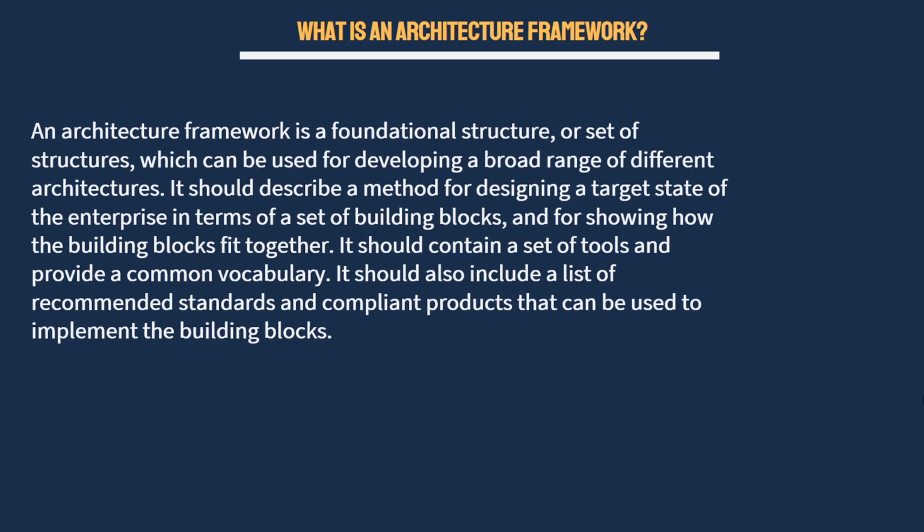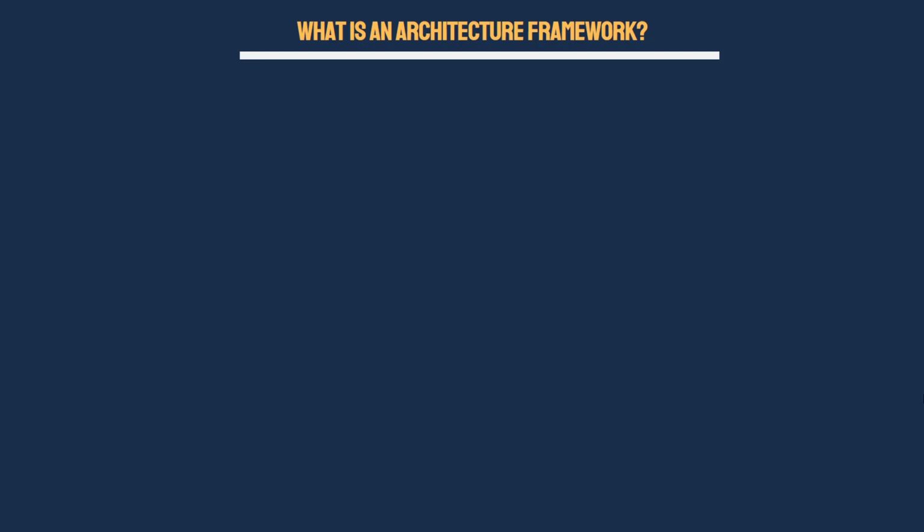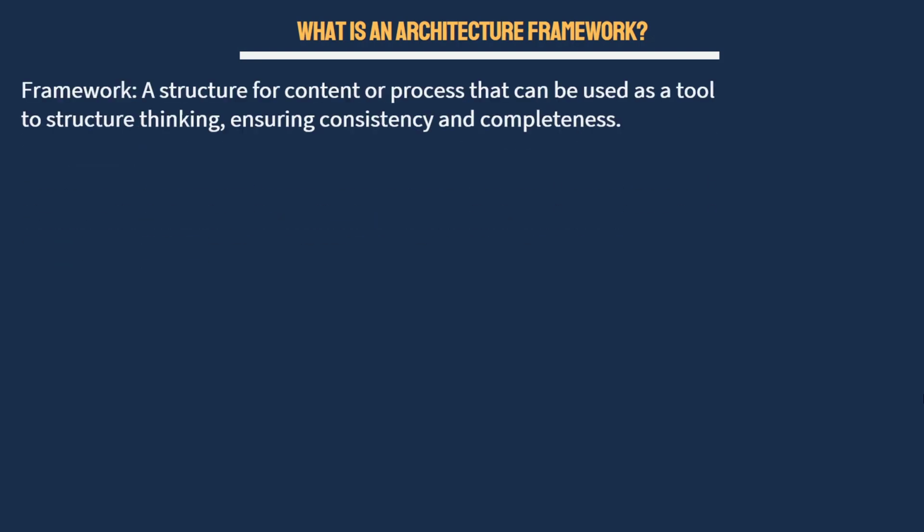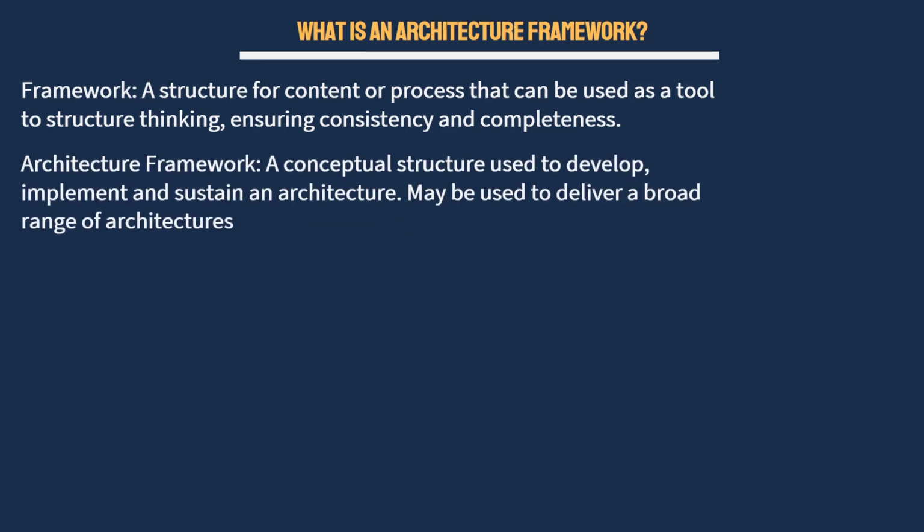Let's explain it once again in a fresh manner. A framework is a structure for content or process that can be used as a tool to structure thinking, ensure consistency and competence. An architecture framework is a conceptual structure used to develop, implement, and sustain an architecture.